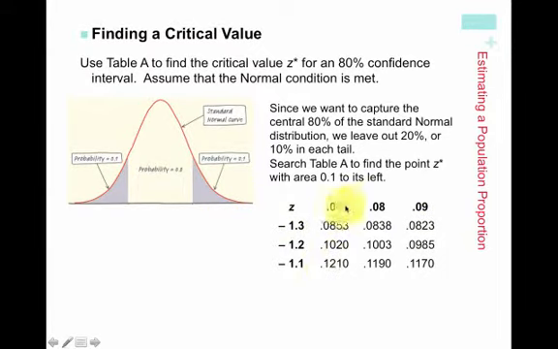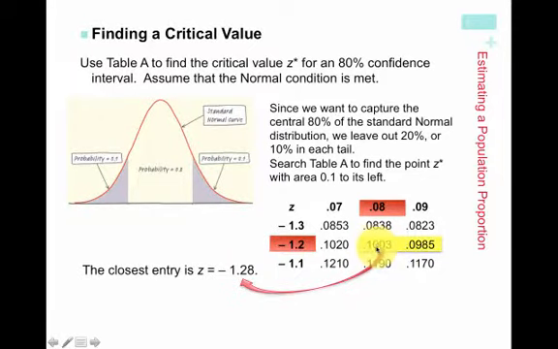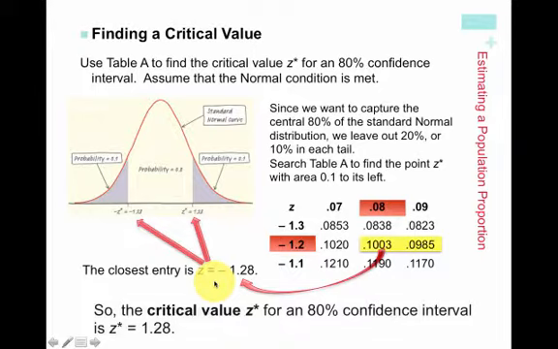So we're looking in the body of the table, and we're trying to find the percentage that's as close to 0.1 as possible, and that would be one of these two. And the closer one is the 0.1003, and that z-score would be negative 1.28. There's our critical value. Our critical value is z star equals 1.28 for an 80% confidence interval.